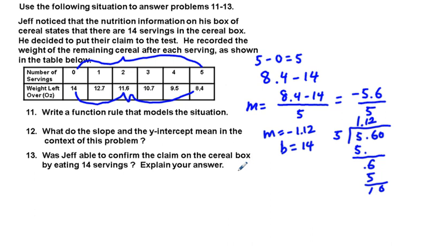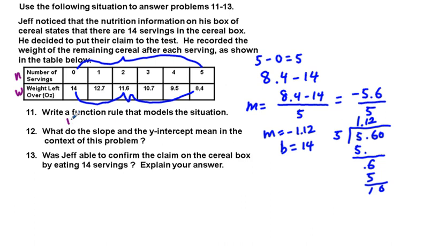So we can write that out. So our answer to 11, I'm going to write it right below 11. We'll call this weight, and number of servings we can call n.